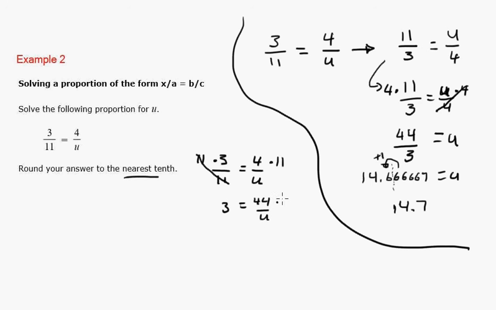Now I multiply both sides by u. Bam, I busted the fraction, and I'm going to rewrite that the way we're used to it, 3u equals 44. So now you just divide everything by 3, and you get u equals, and I'm going to cheat. I'm going to use the number we already have.